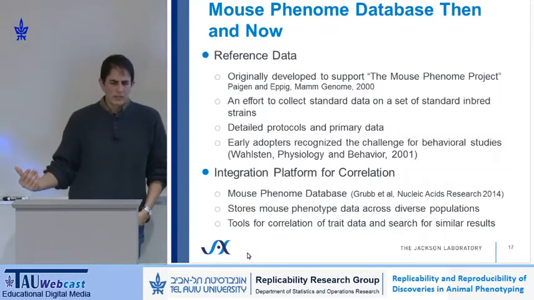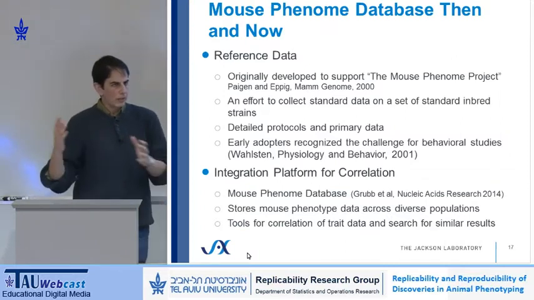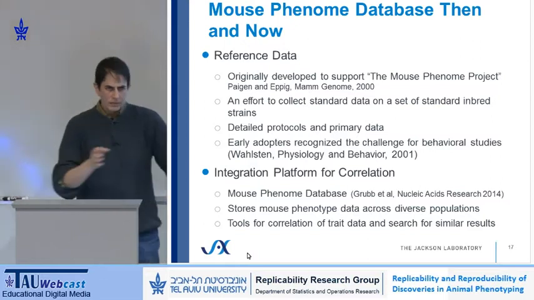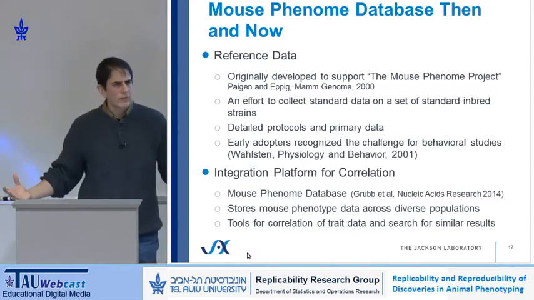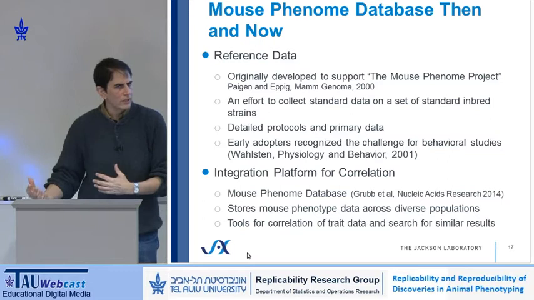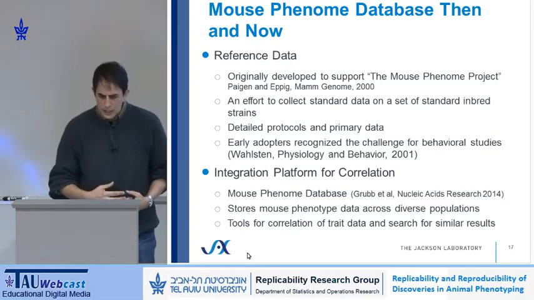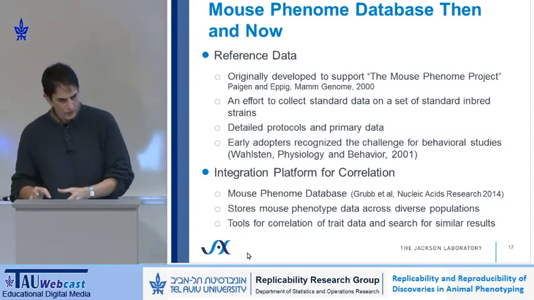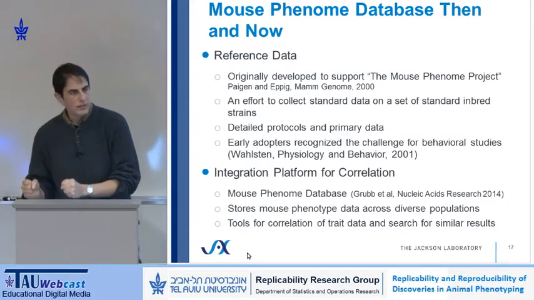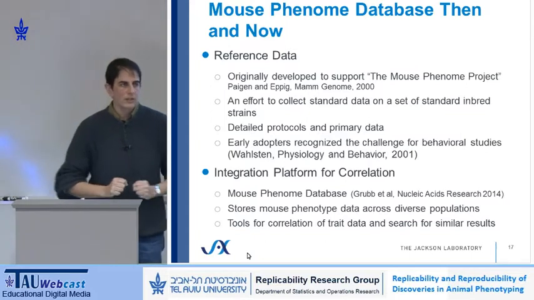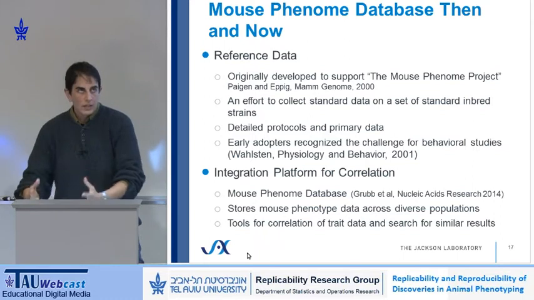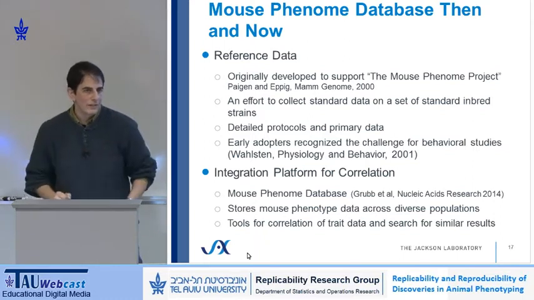So originally, the idea of the Mouse Phenome Database was to take a population of strains, kind of like the BXD, but a bit more diverse, with a bit more idiosyncratic relationships among the strains. The idea going into it was, we'll collect a standard set of data on standard inbred strains, and so we'll know the exact value of locomotor activity in these strains.